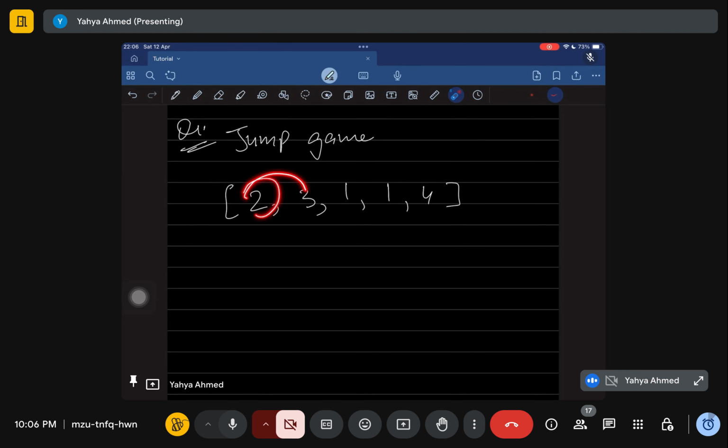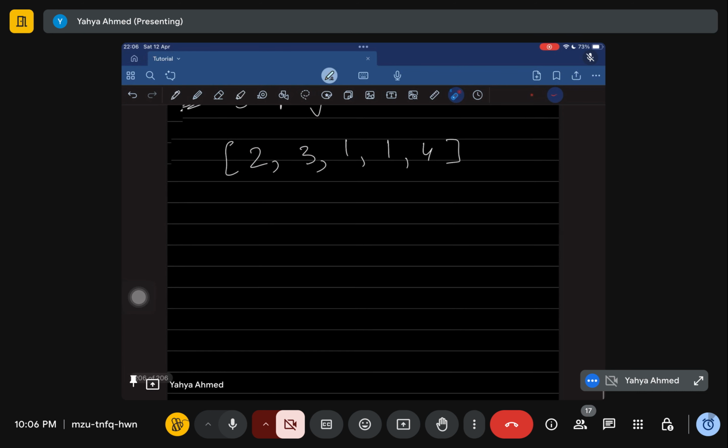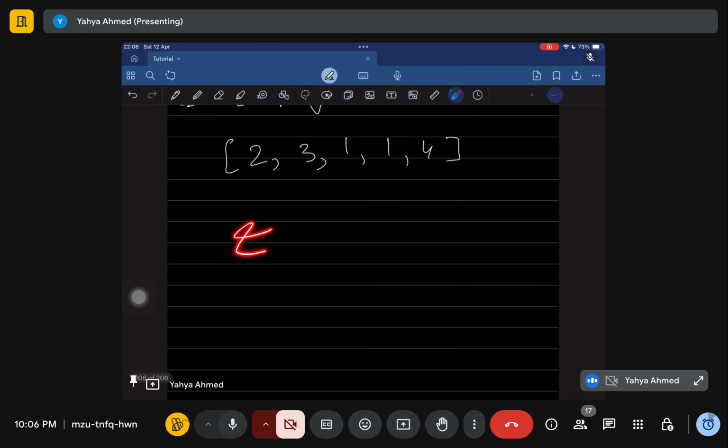So this guy says you can go over here or here. You can put these 2 indexes in a queue, right? And then you'd go to those indexes. This guy allows you to go to 0 plus 1 and 0 plus 2. So you make a queue and you push in the 1st index and the 2nd index. These are locations that you're allowed to go, and then you'd go to those locations in the queue.